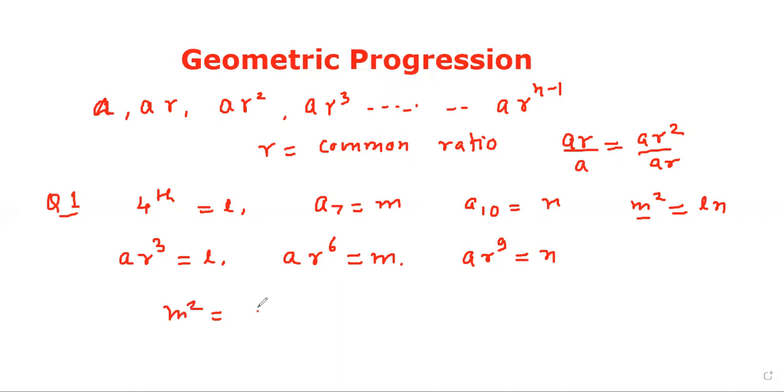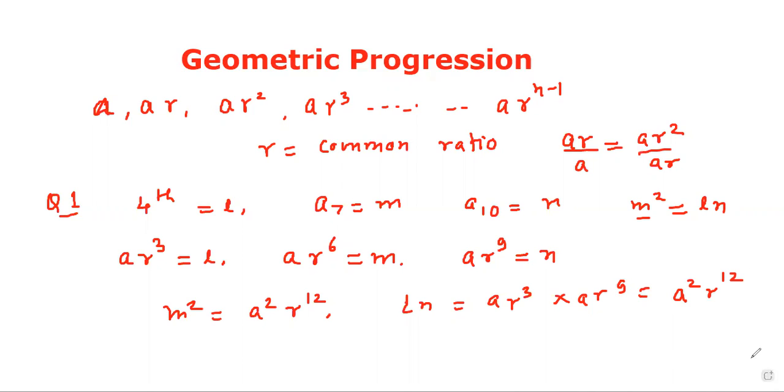M squared is a squared r^12, and we consider RHS, L into N, which would be equal to ar cubed times ar^9, which is a squared r^12. So LHS equals RHS.